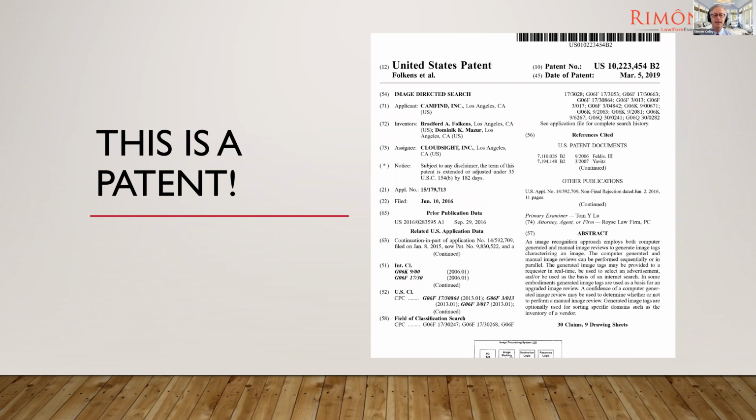So the next item is a notice that says the term of this patent has been extended by 182 days, right? There's a rule in the patent office that you're supposed to get your patent in a certain amount of time. And if the patent office takes too long, then you get a little bit of extra patent term. The term of a patent is 20 years from the earliest priority date.